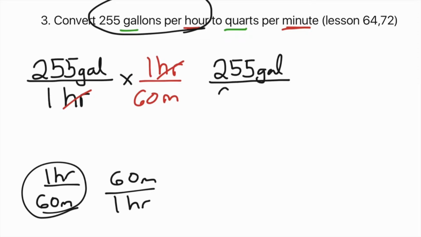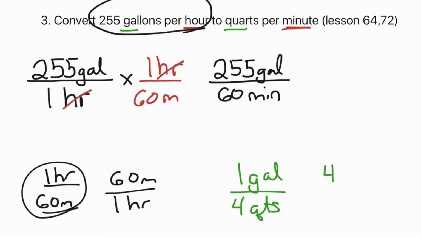And in the denominator, we have 1 times 60 minutes, so it's 60 minutes. Now we need to convert gallons to quarts. So I can look at my 2 unit multipliers. I could either have 1 gallon over 4 quarts, or 4 quarts over 1 gallon.